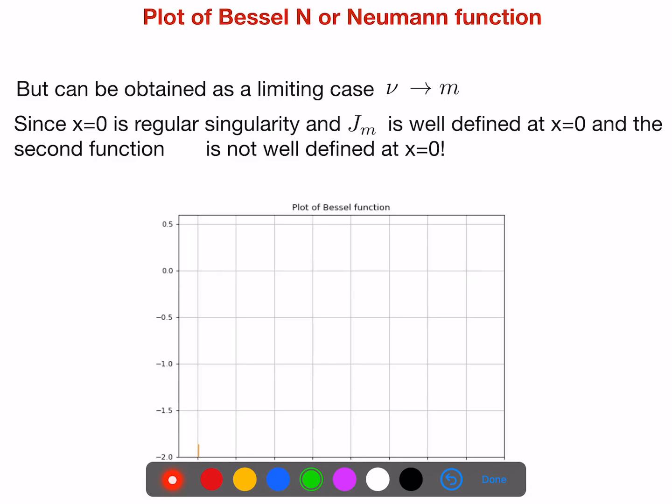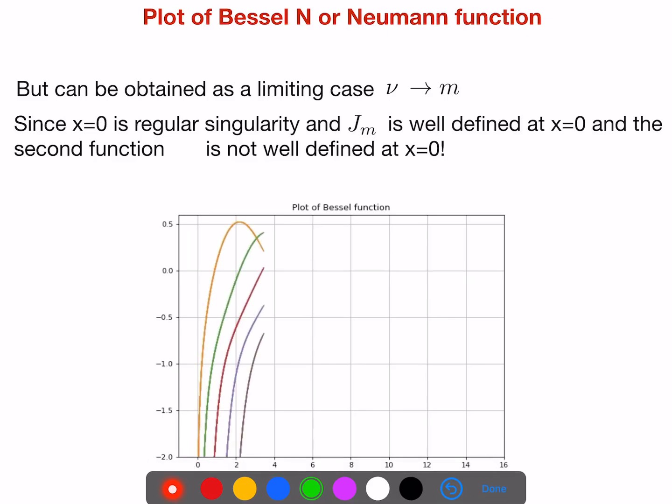We have seen that the J m at x equals 0 are well defined. J0 actually takes the value of 1 and the rest of the J m take the value of 0. So it is clear that the Neumann function at x equals 0 will blow up. So that is one of the outcomes of this differential equation.